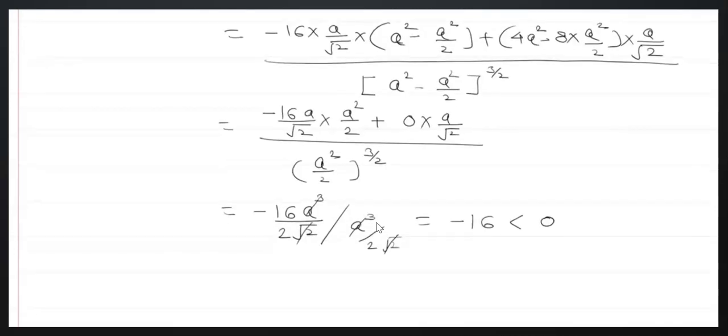That is minus 16a cube upon 2 root 2 upon a cube upon 2 root 2, and if we simplify it, you will get minus 16, which is less than 0.